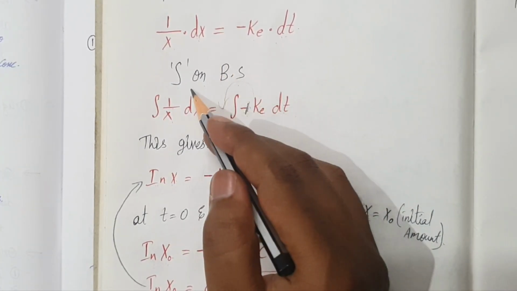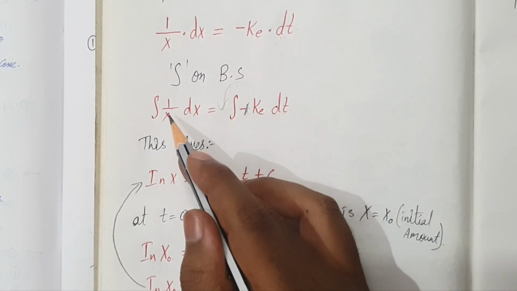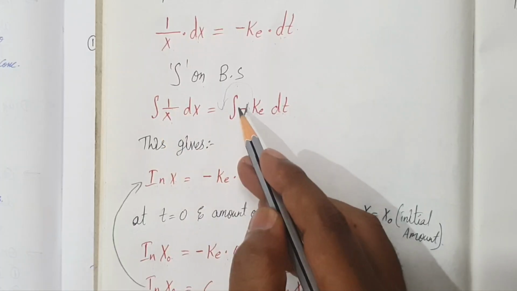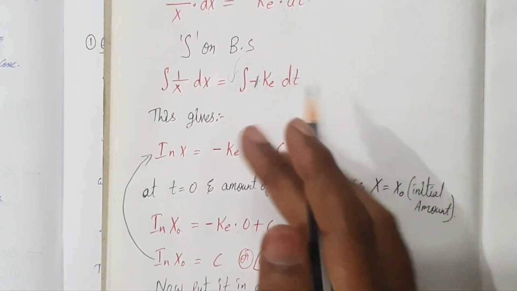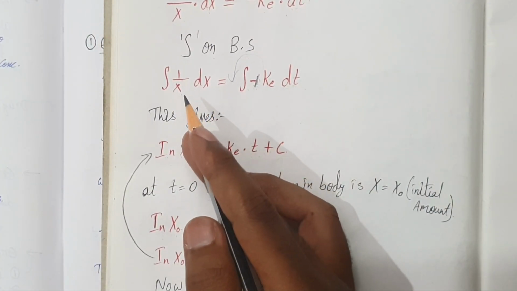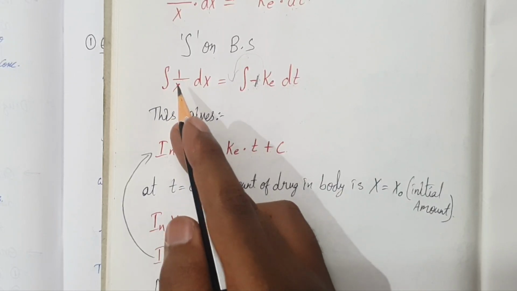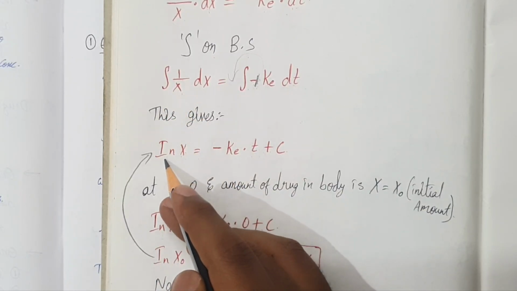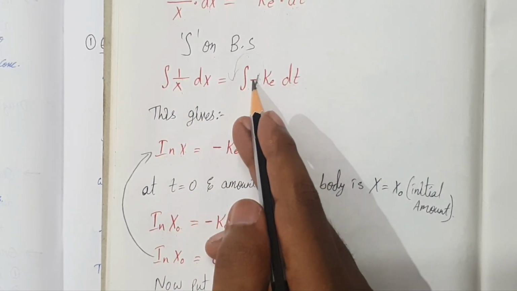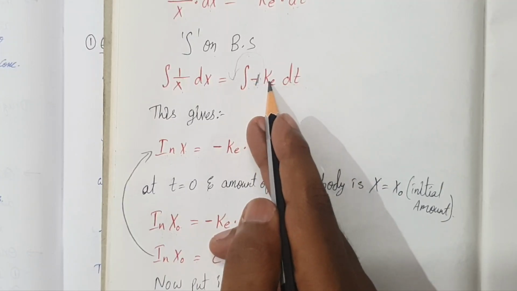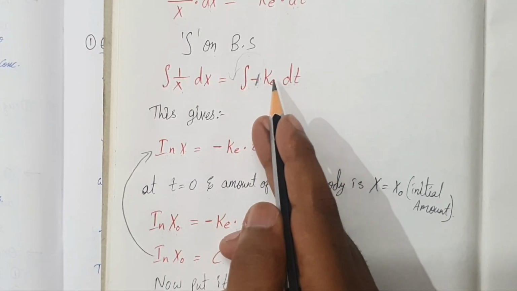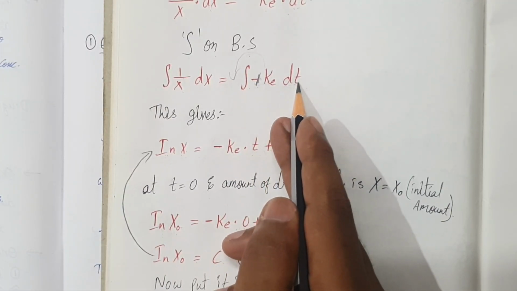Now applying integration on both sides, so we are applying the integration sign here and here. After doing the integration, the integration of 1 by x will be ln x, equals the integration of minus Ke dt. We cannot integrate that way because here is k and here is t.